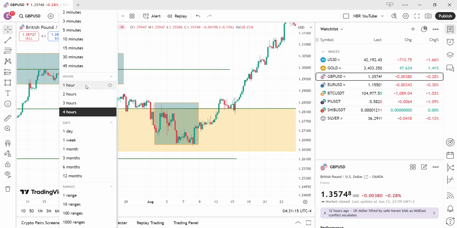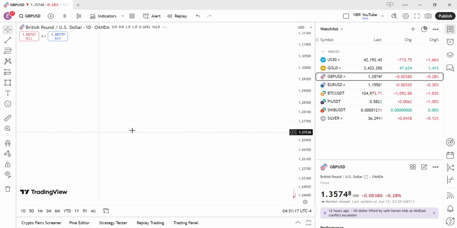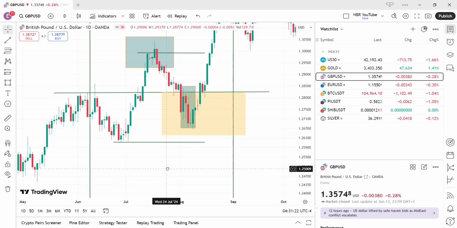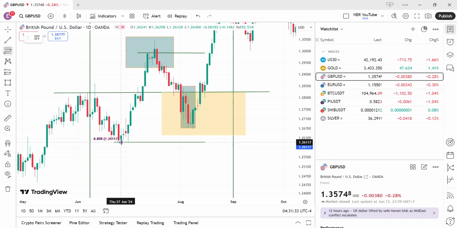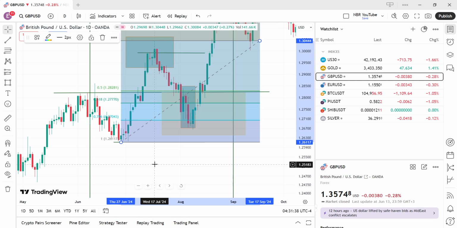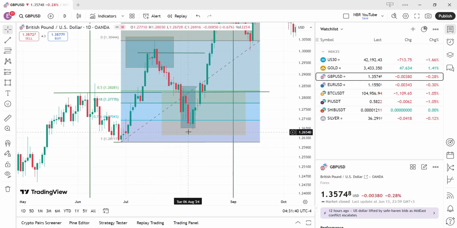If you go back up into the daily time frame, you might not find a clear entry at this area, but you can find it in this way. Here it is. The RAL violated into 0.786 and then pushed back up.